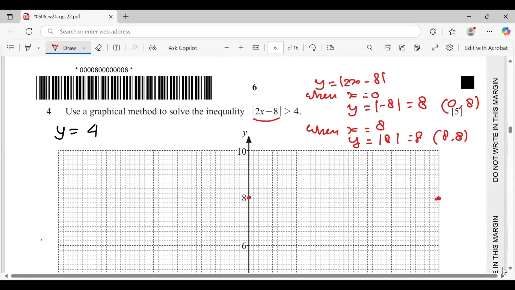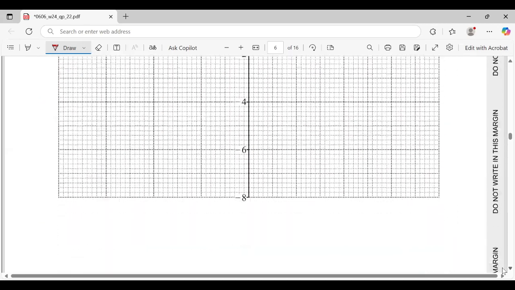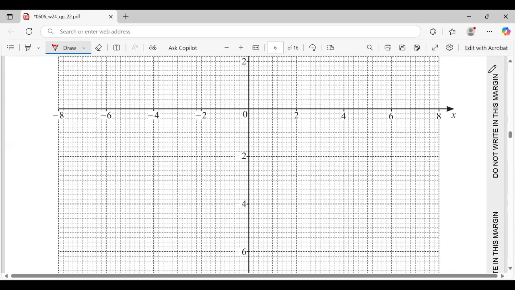Okay. After that, the intercept point on the x-axis. On the x-axis, it means y equals 0. So it is 2x minus 8 equals 0, and you can get that x equals 4. So x equals 4 here.